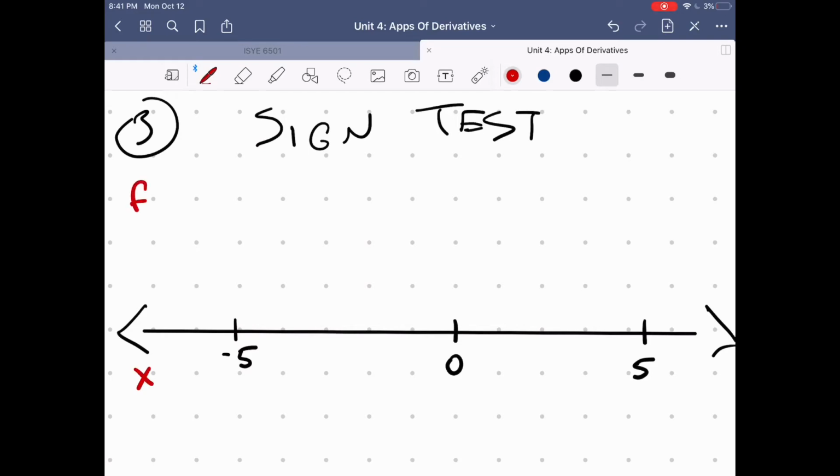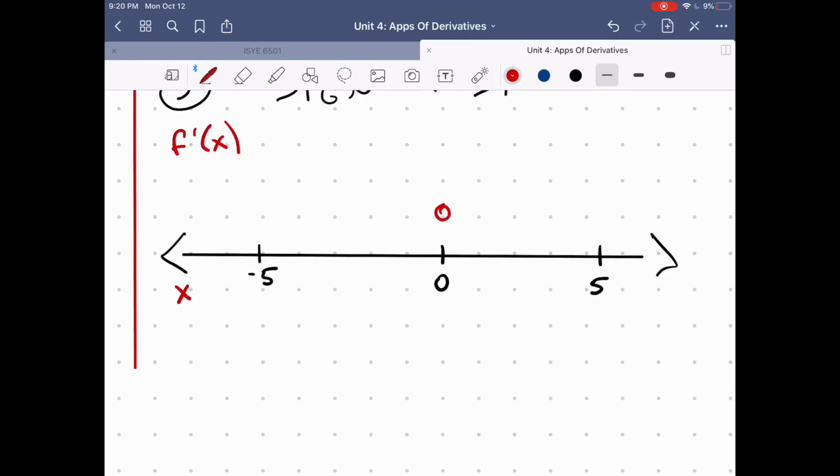So below the number line, these are values of x, and then above the number line, I'm going to write attributes for f prime of x. So now above the 0, we write a 0 because the derivative was 0 at that point. At negative 5, it failed, so we can write a DNE above negative 5, and then above the positive 5, write another DNE. I need to create some new points to test.